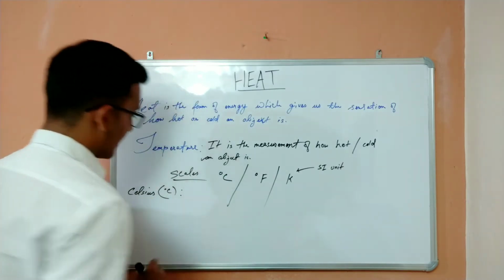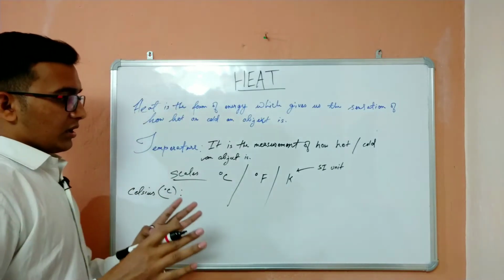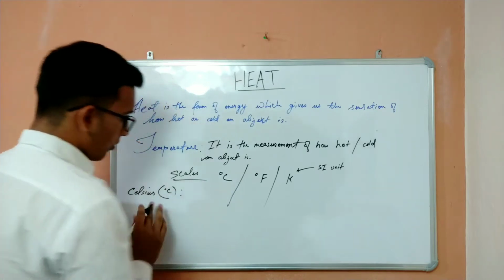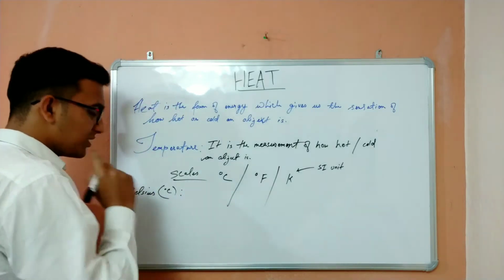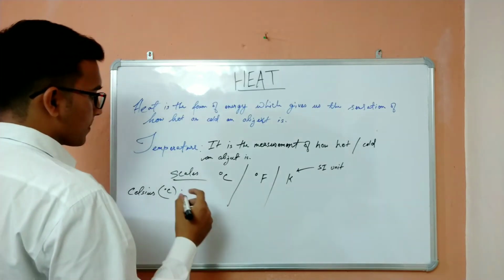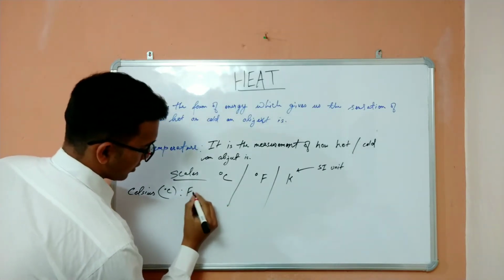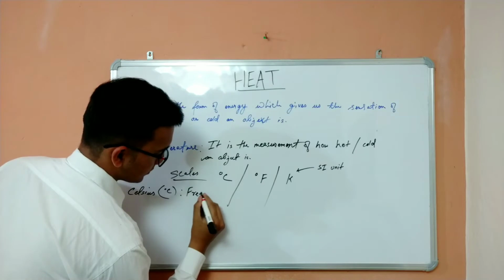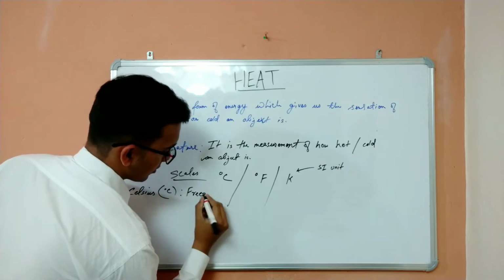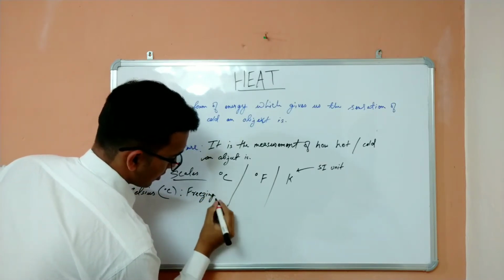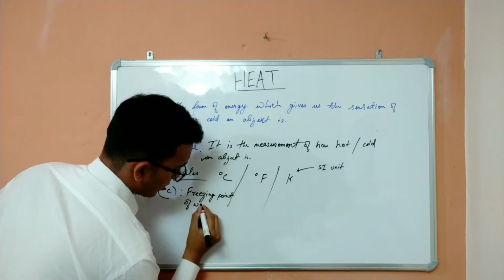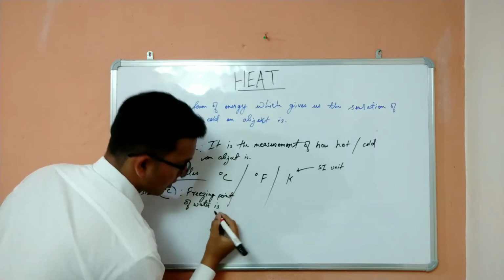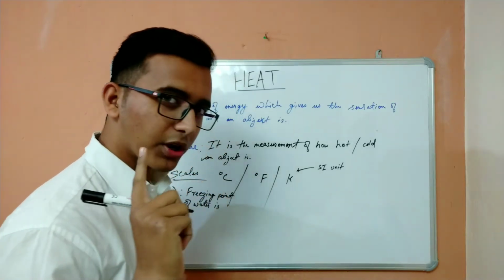Now, Celsius, Fahrenheit. How Celsius and Fahrenheit are interconnected. In the Celsius scale, the freezing point of water is, what is the freezing point of water in degree Celsius?